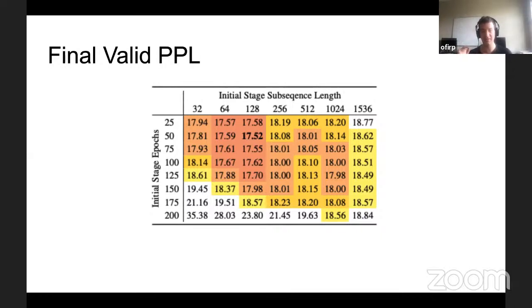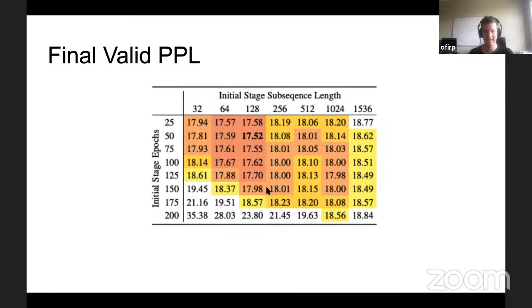So almost all of our experiments beat baseline performance, which is pretty cool. It shows that this method is really, really robust to hyperparameter choice. And what's cooler here is that all of these methods take less time to train than the baseline model, right?